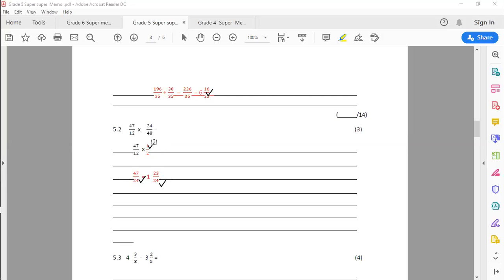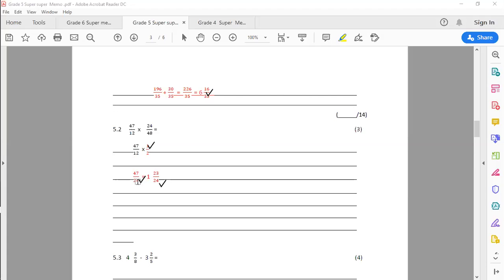Then I said to myself that since I have that down, I've got 1 over 2. I multiply 47 by 1, which is 47. 12 multiplied by 2 is 24, right? So I've got 47 over 24. What is it as a mixed number?